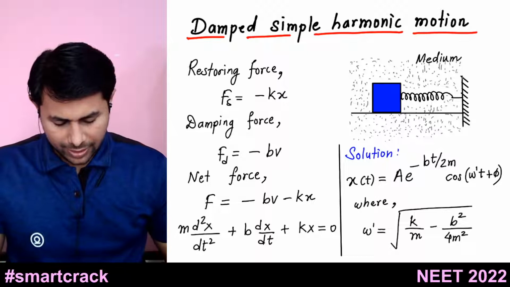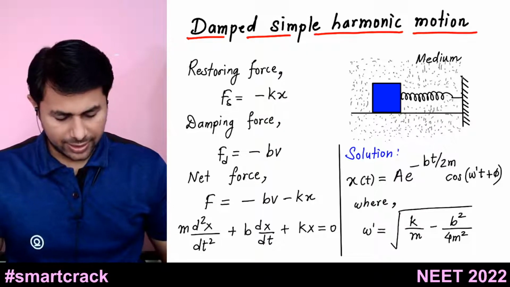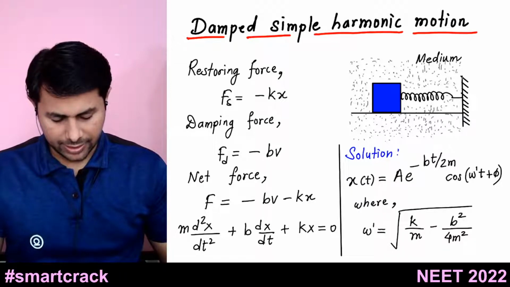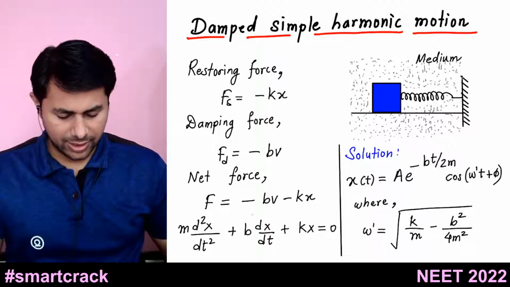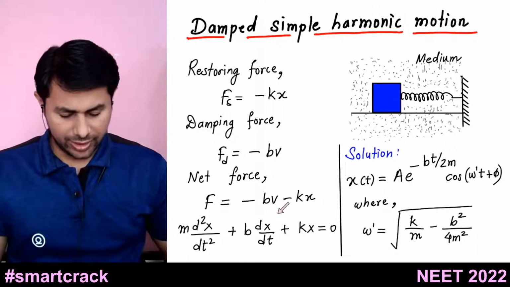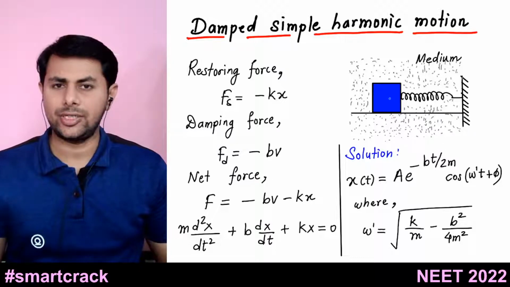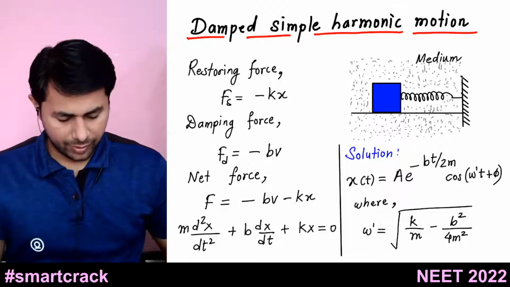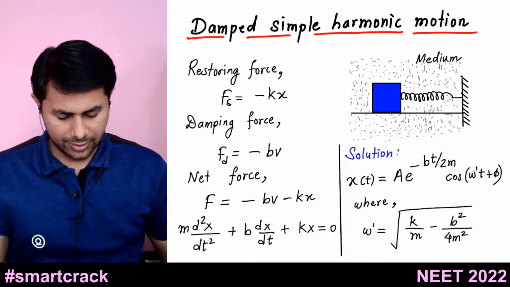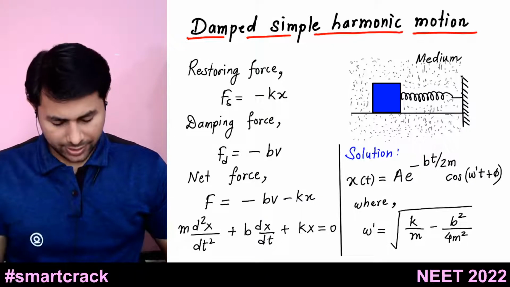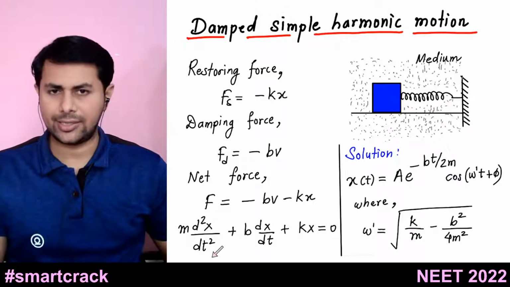Okay. So now there are two forces acting on this block. So how much is the net force? Net force is the addition of these two. So it is equal to what? Minus b into v, which is the damping force, and there is the restoring spring force acting on it too. So minus k into x. Okay. Then you substitute force equals mass into acceleration. So you get m into d2x by dt square.